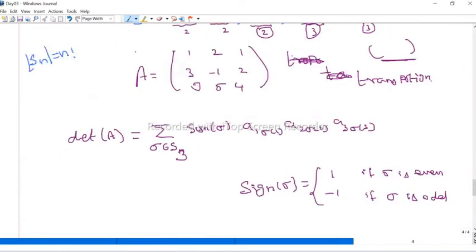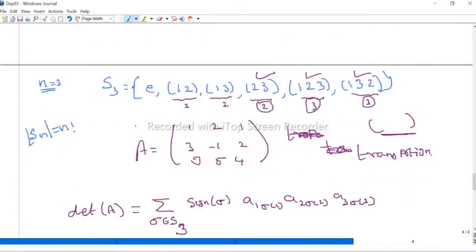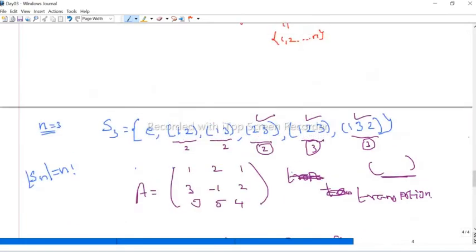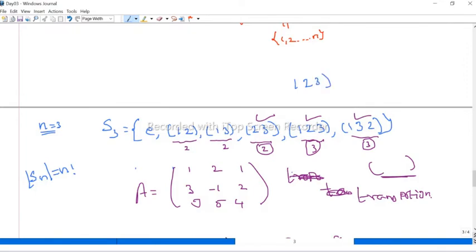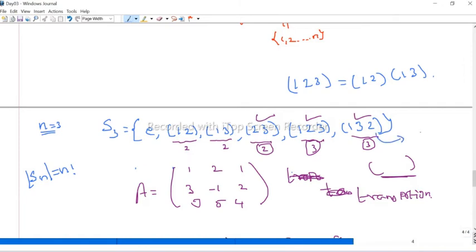For example, for the first 3 elements, not a problem. If you take 1, 2, 3, how to write this permutation as a product of transpositions? Just 1 goes to 2 into 1 goes to 3. So that's it, just 1, 2 and 1, 3. Otherwise, somebody says 1, 3 and 1, 2 in reverse, but this is also true.